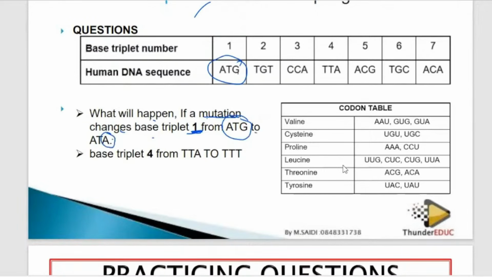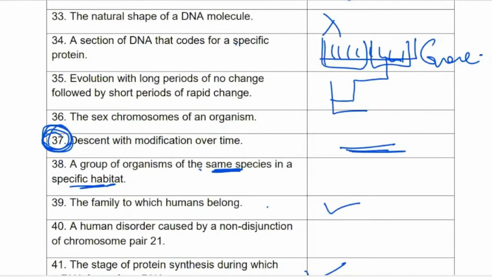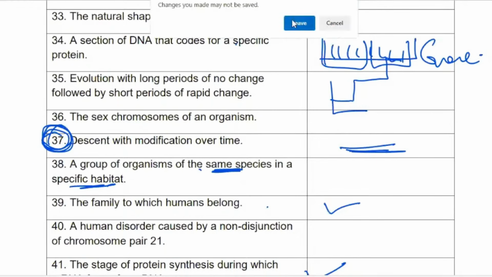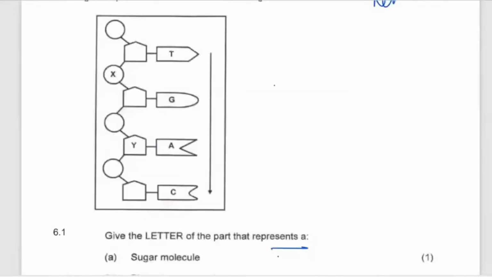So what you do when they ask you such a question is you first identify what is here. It is a codon. What is given here is DNA. Therefore, I have to convert this into messenger RNA. Remember, we said that when you talk about code, it means DNA.